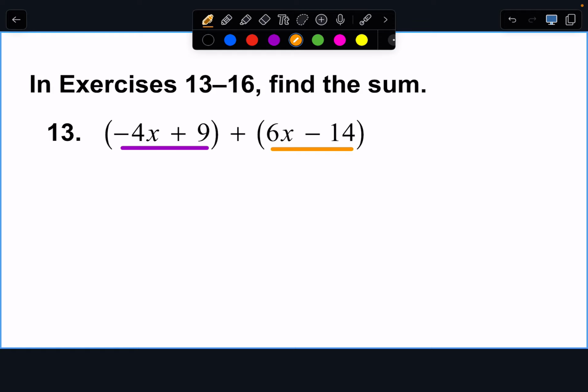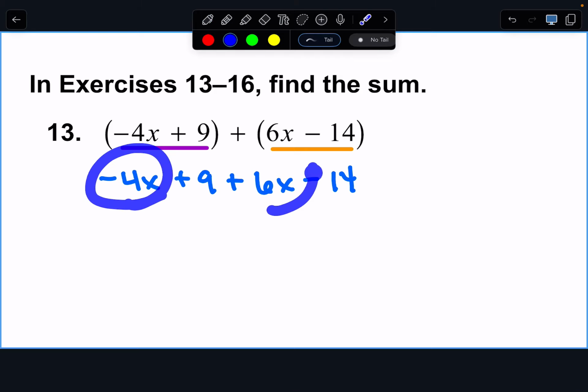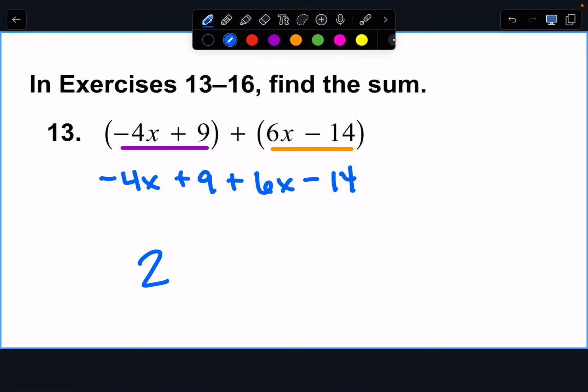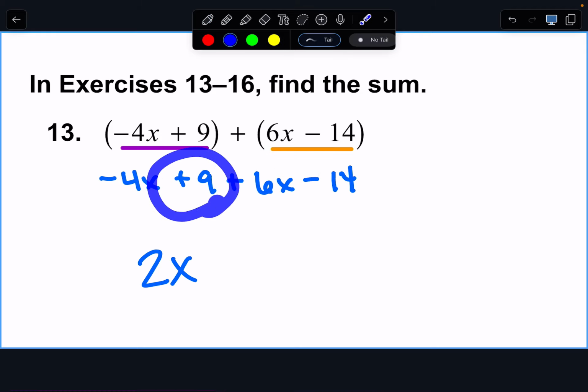Essentially, what am I asking you to do? Combine like terms. So I have negative 4x plus 9 plus 6x minus 14. This is a combine like terms problem, okay? The parentheses are just separating out the two different polynomials. So I think it's 2x when we combine our x's.